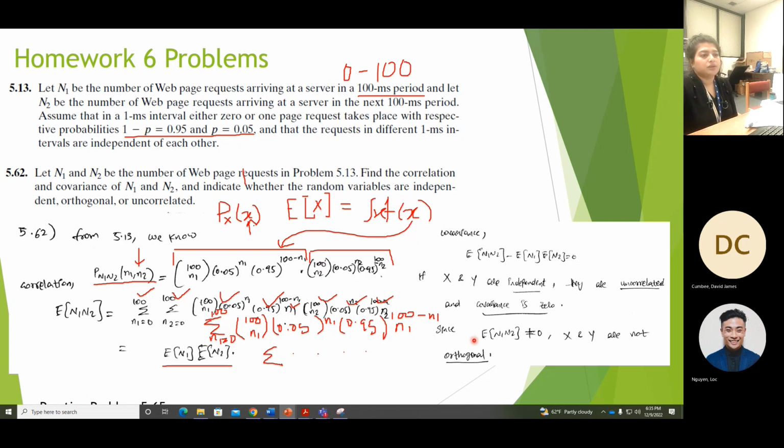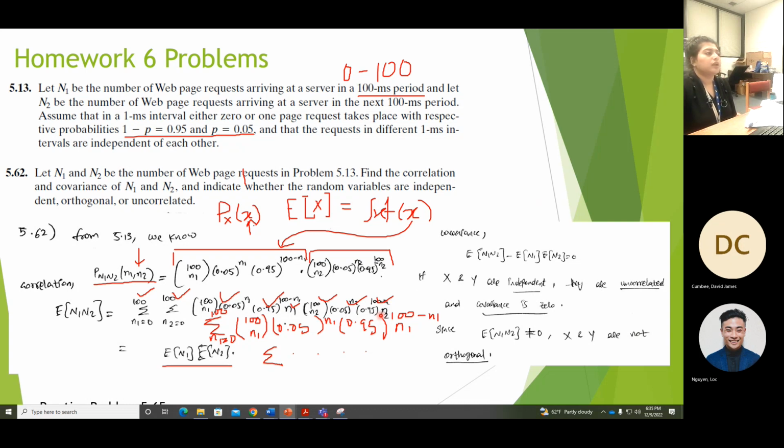Now this is not equal to zero, so they are not orthogonal. It has a value. How do you know? Well, because N1 and N2 will have certain values. It's not equal to zero. As long as it's not equal to zero, this summation will have some value. So we know that this is non-negative or not equal to zero, so it's not orthogonal. So what is the orthogonality principle?